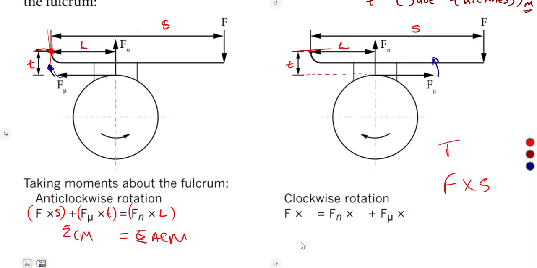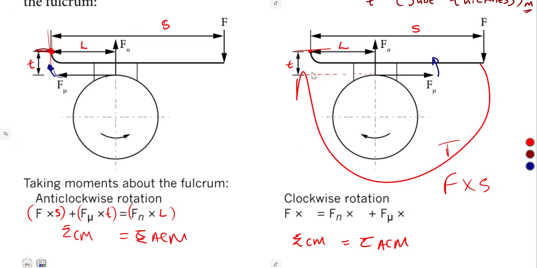So same here, the sum of the clockwise moments must be equal to the sum of the anti-clockwise moments. What do we have in the clockwise? It is only F to the fulcrum, so that's F times the distance S. The rest will be anti-clockwise.